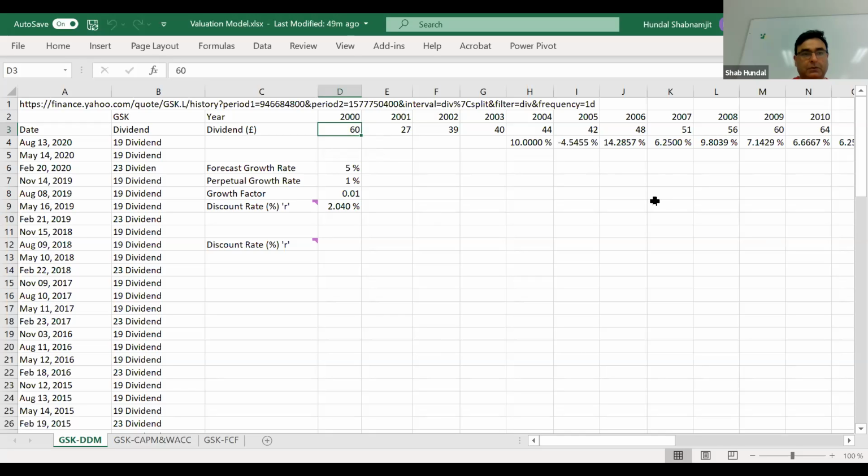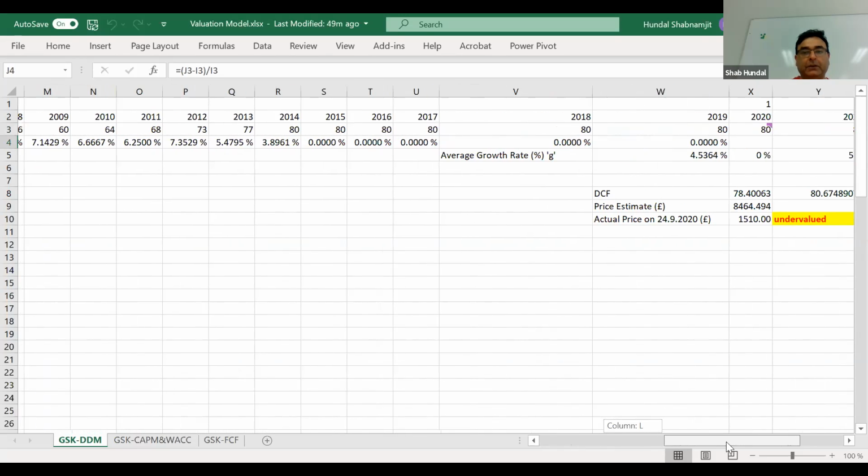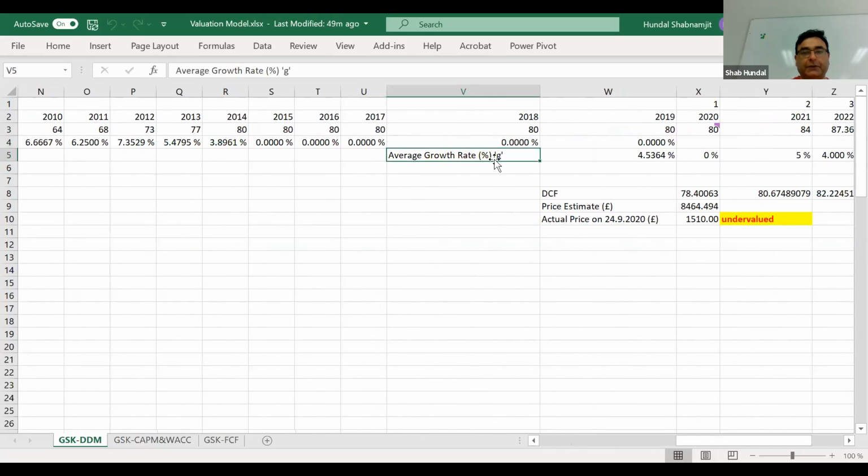I aggregated the dividend for each year, and then we calculated the dividend growth rate, at what rate the dividend is growing. And then finally, we were able to make an average rate, the rate at which the dividend is actually growing. So it was basically this.